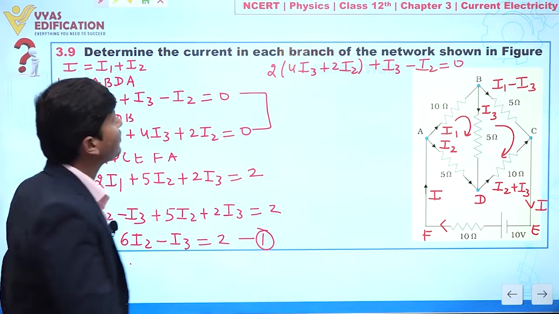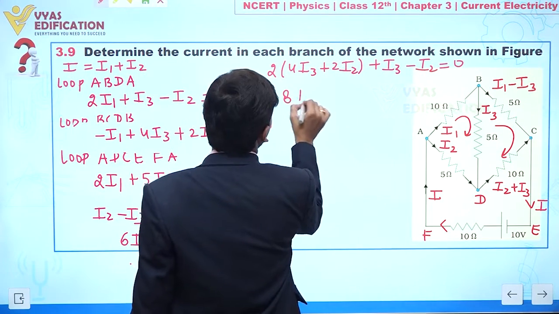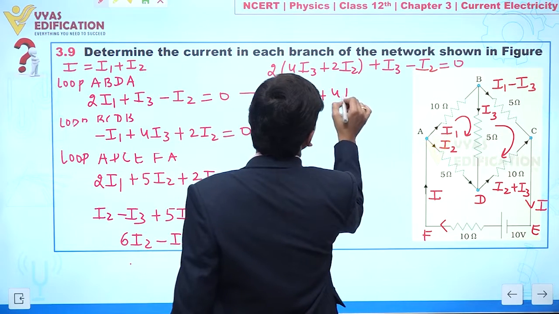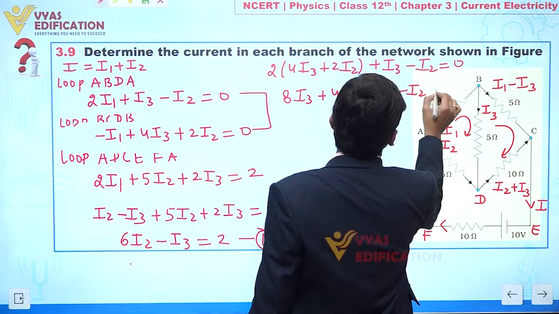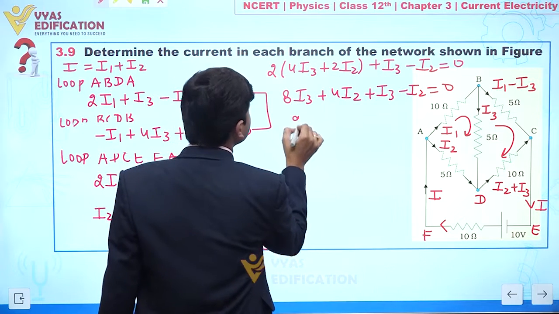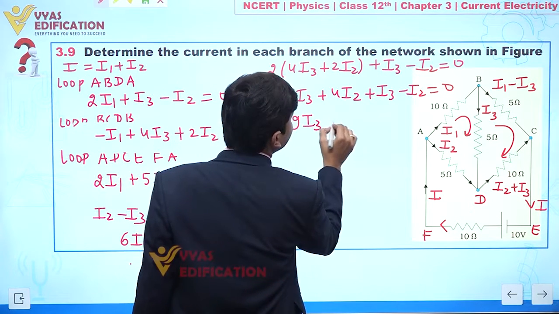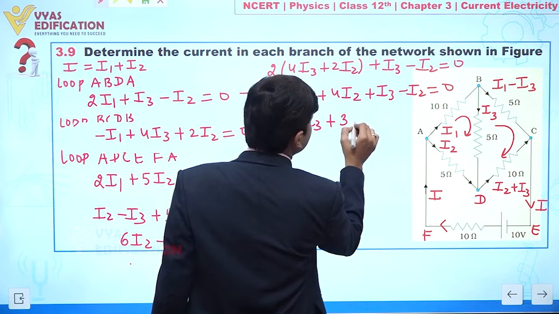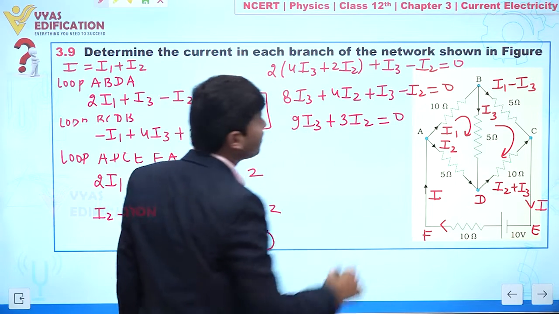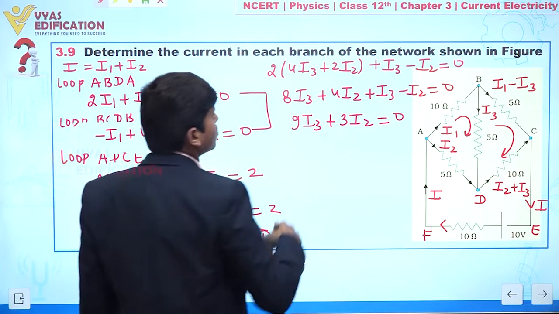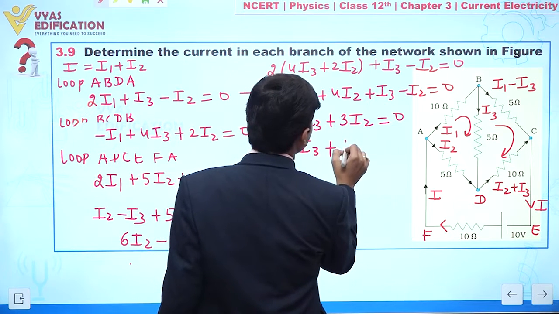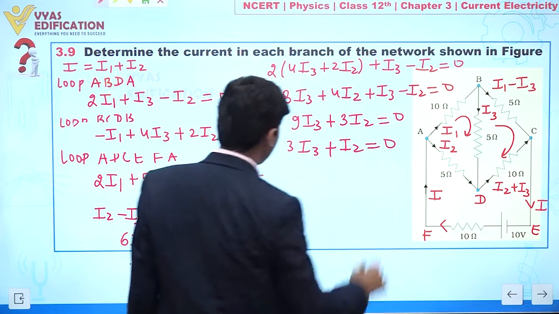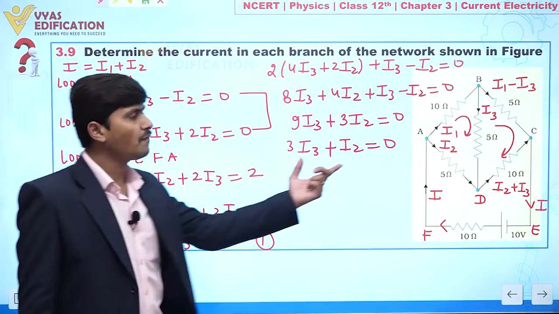From here we can say this is 8 times I3 plus 4 times I2 plus I3 minus I2 equal to 0. So I can say 9 times I3 plus 3 times I2 equal to 0. So I can write 3 times I3 plus I2 equal to 0.